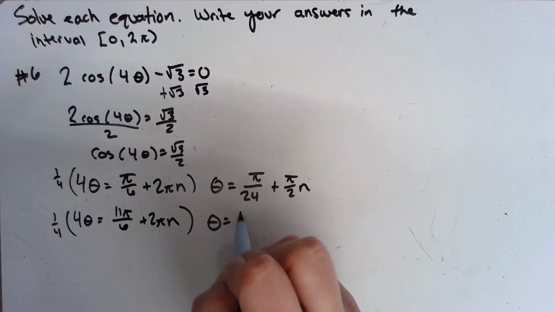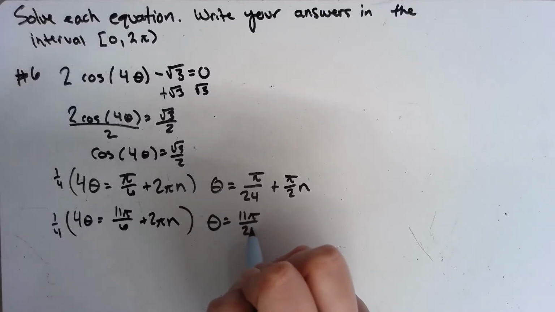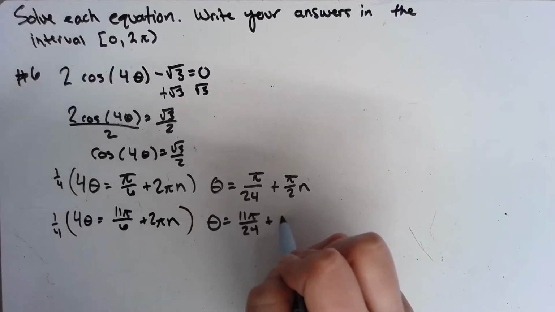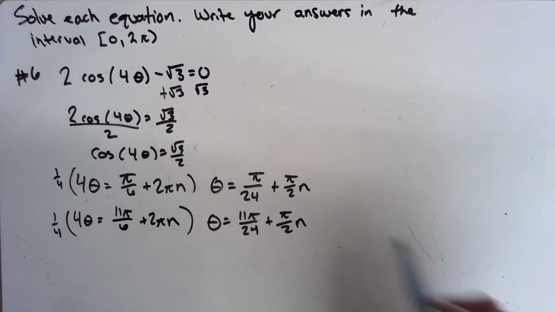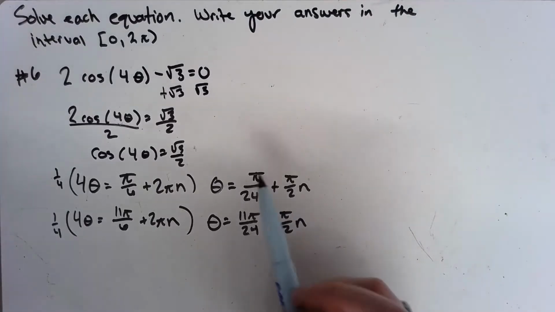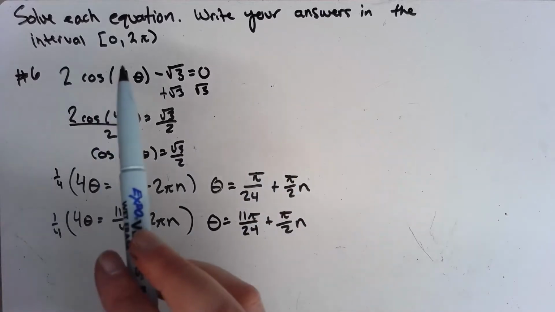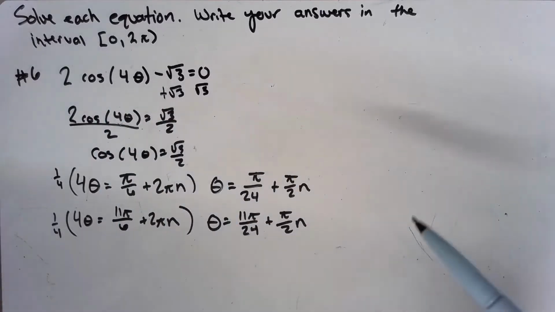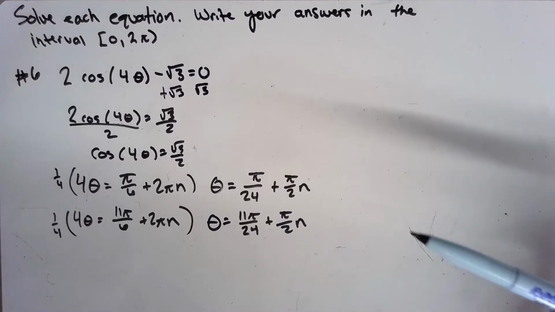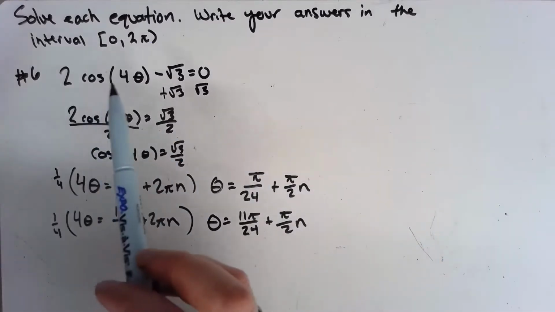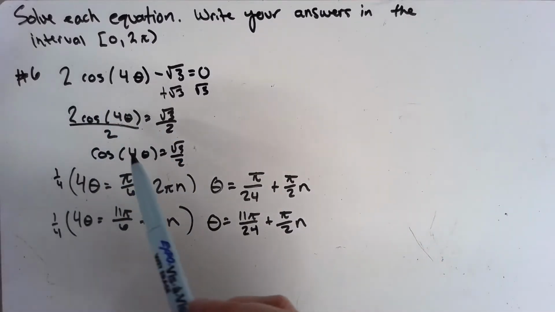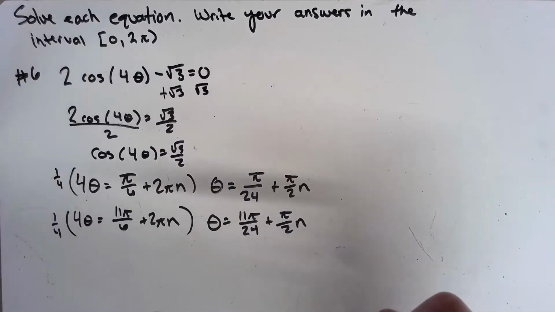This one would give me 11 pi 24ths plus pi halves n. Okay, so now I need to find all of them based off of this formula in order to get all of them between 0 and 2 pi. I would expect there to be 8 solutions because this is changing our period by a fourth.